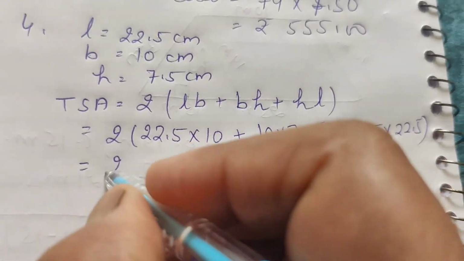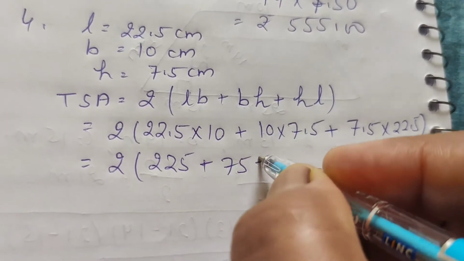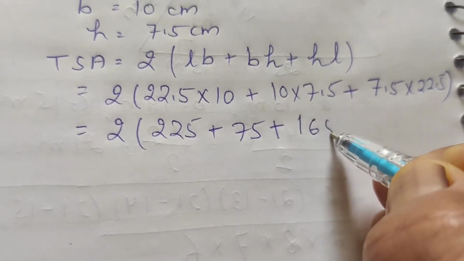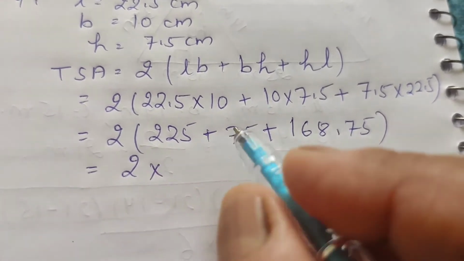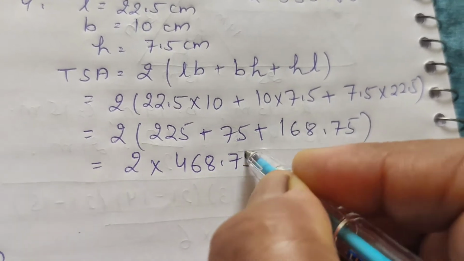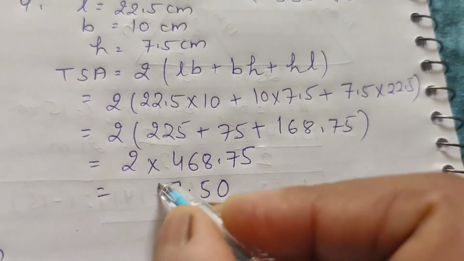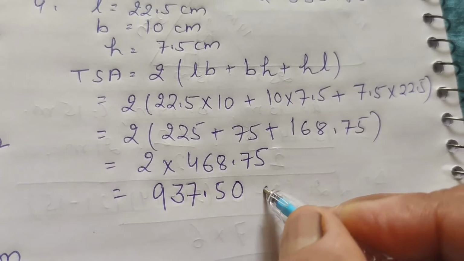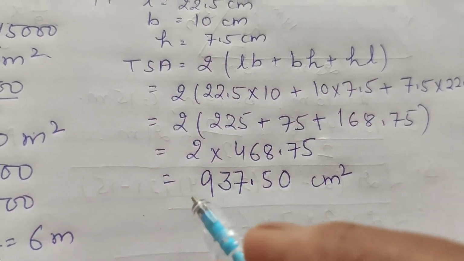Now calculate: 225 plus 75 plus 168.75. Now adding, 2 into 300, 468.75, and multiplied by 2, 937.50 centimeter square.